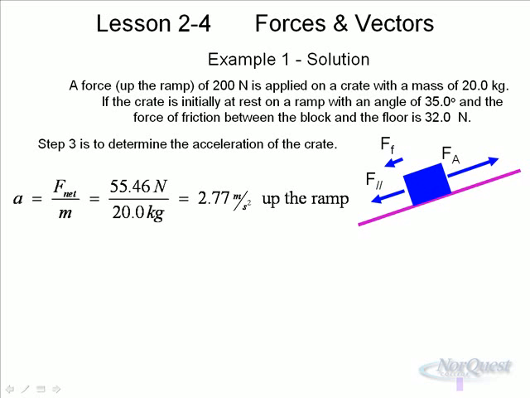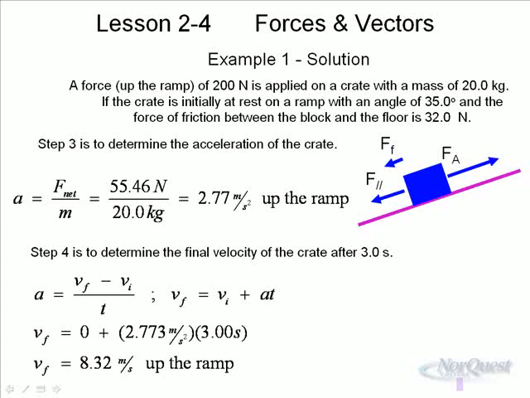And so now that we know the acceleration and we know the initial velocity and we know the time is 3 seconds, we can calculate the final velocity. All right? Final velocity is our unknown. We know what the initial velocity is. We know that the time is 3 seconds, and we determined the acceleration a little earlier. It's 2.77.